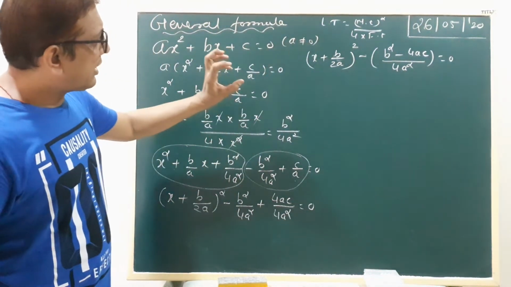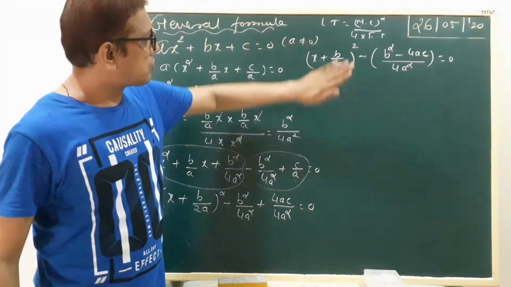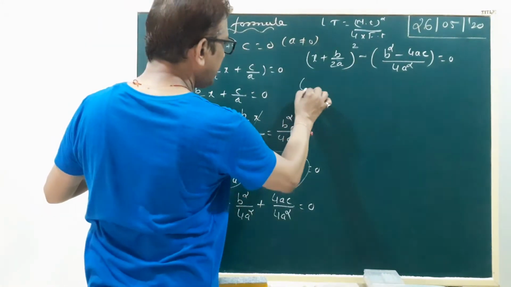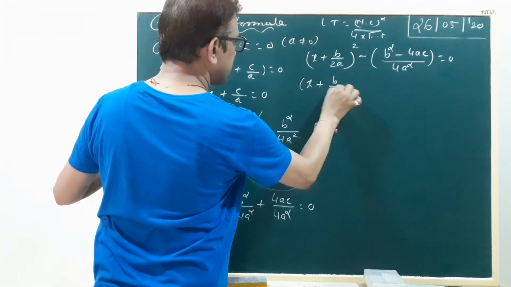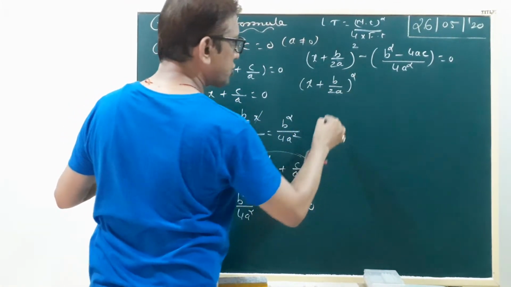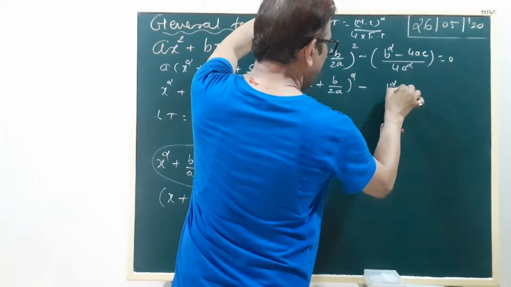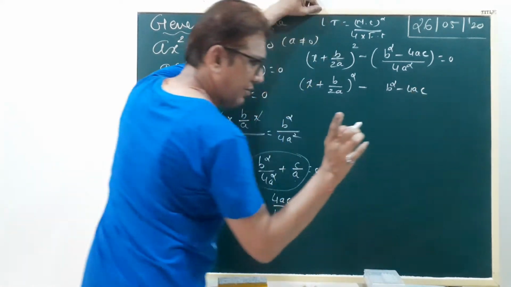We try to apply the formula a square minus b square. Here a square is possible but here it is not possible, so we arrange the terms. X plus b upon 2a whole square minus b square minus 4ac.